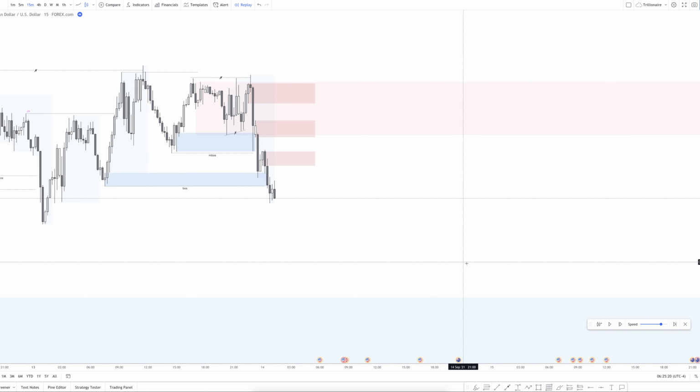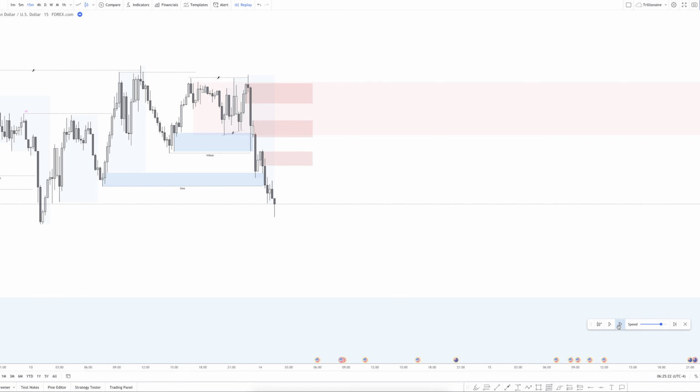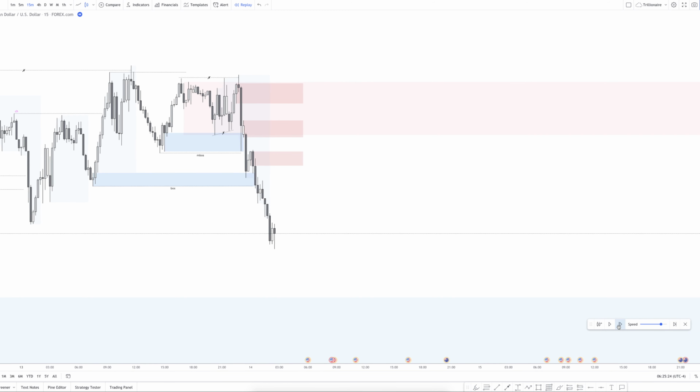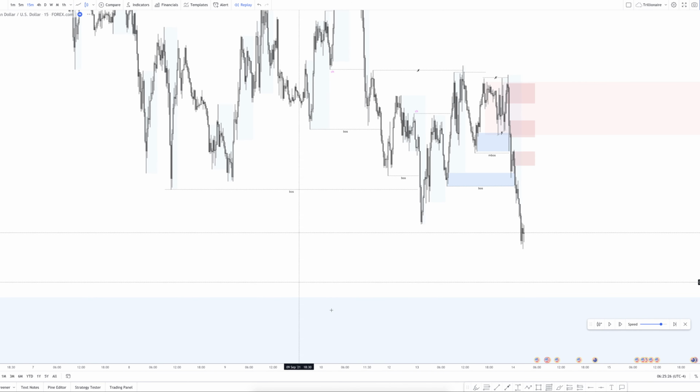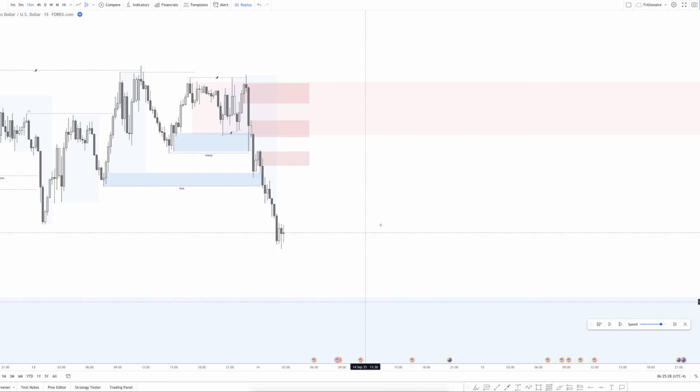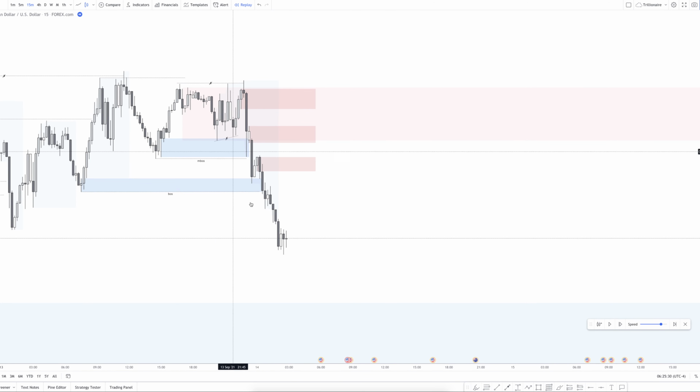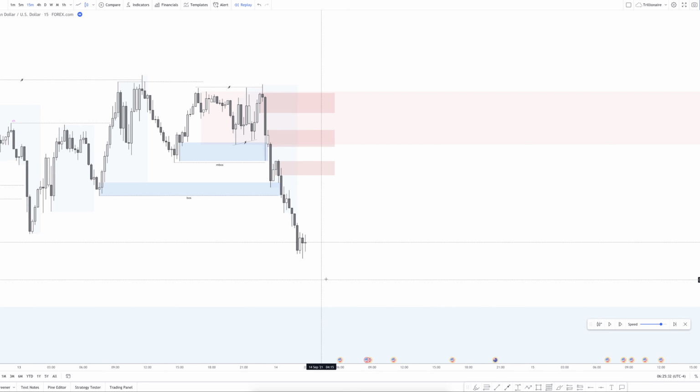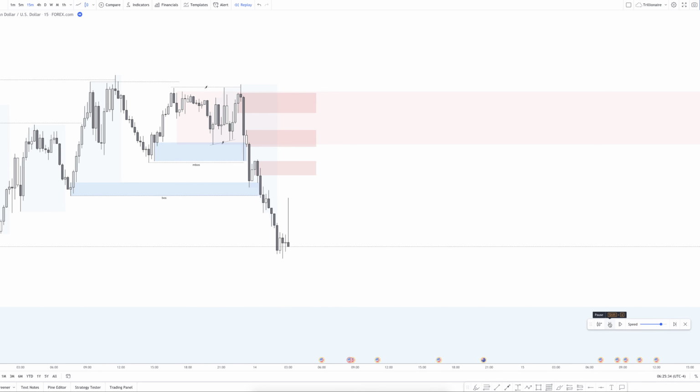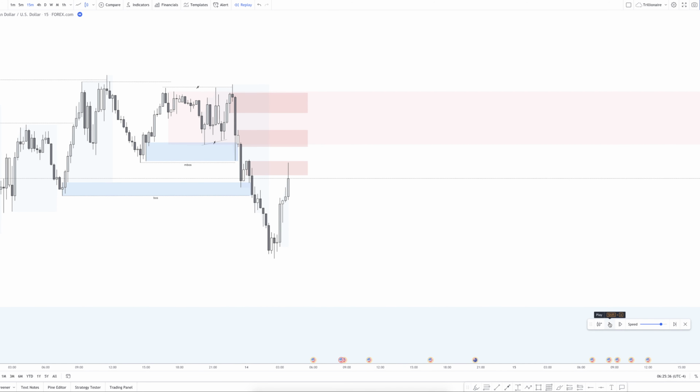Okay, so let's see. How far does price go? And we know on a higher time frame we have some type of demand here. So we're trying to really trade into the demand based on the higher time frame. Now, it doesn't have to happen, but that is the thought process behind everything.